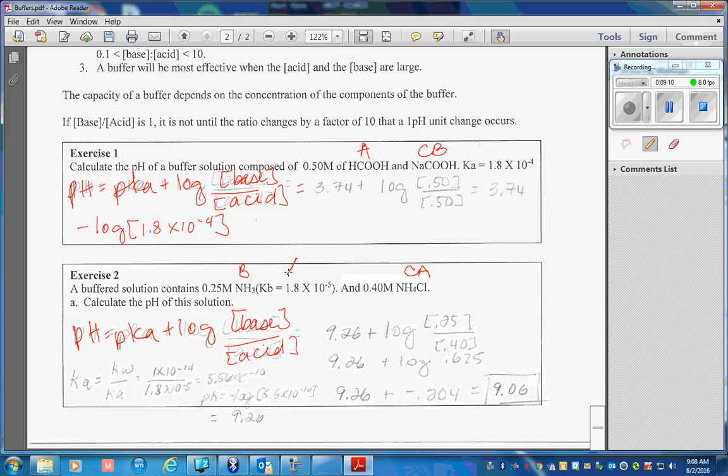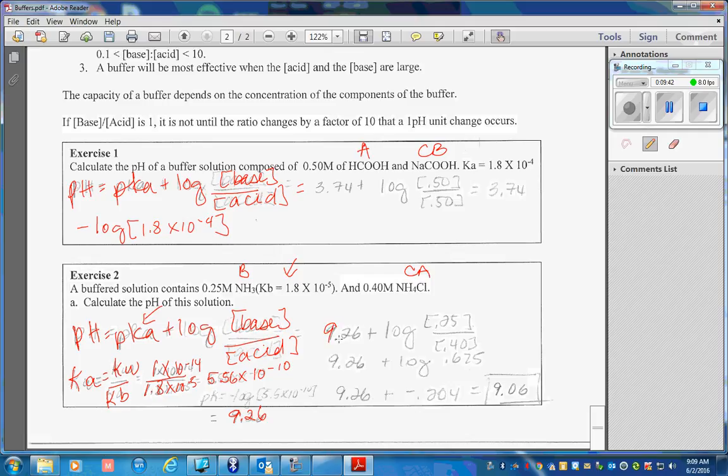We are given the Kb value, and we see we need pKa, so I need to find the Ka, and that would be Kw divided by Kb, which is 1 times 10 to the negative 14 over 1.8 times 10 to the negative 5th. That gives me 5.56 times 10 to the negative 10th. The negative log of that value is 9.26.